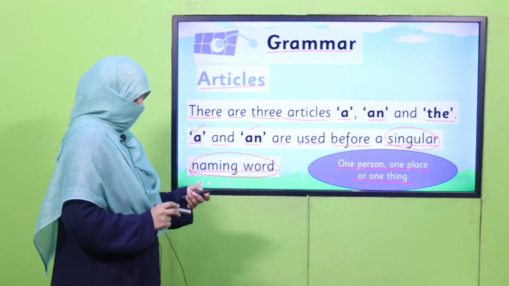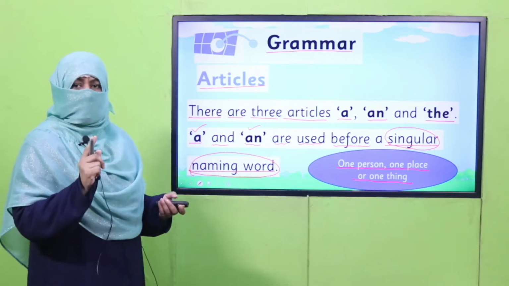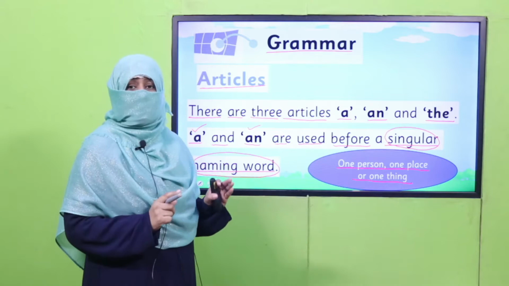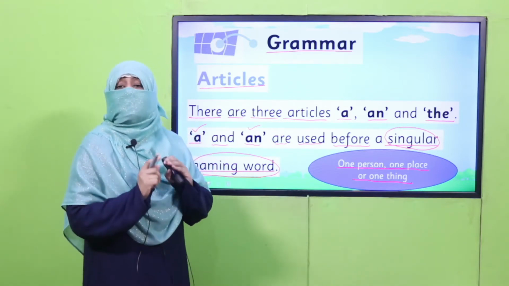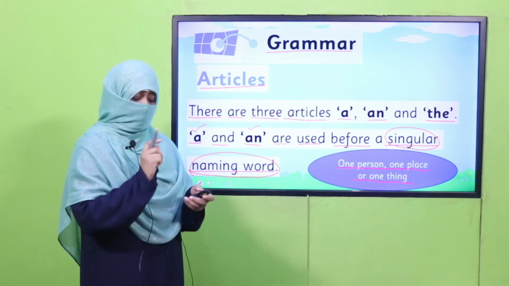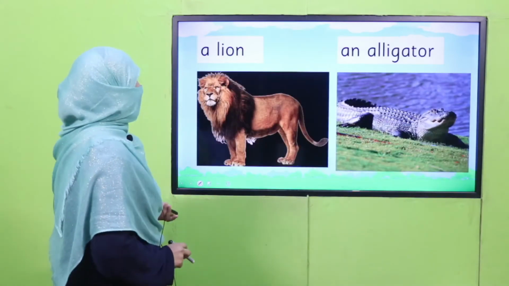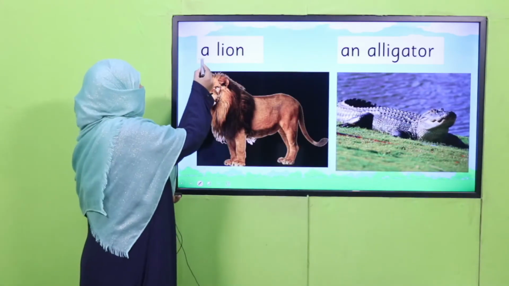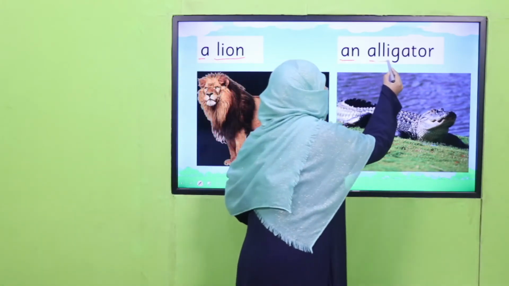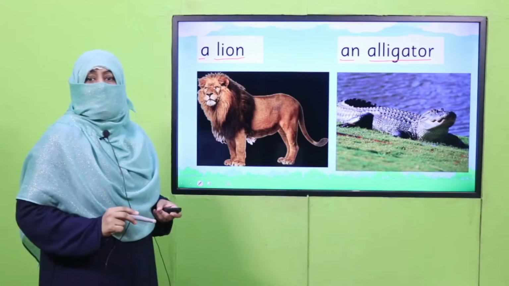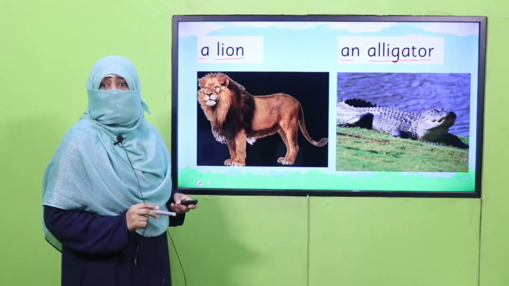Okay. And where will we use a? Where the naming word starts with a consonant sound. And where will we use an? Where the naming word starts with a vowel sound. For example, a lion and an alligator. Why don't we say an lion?